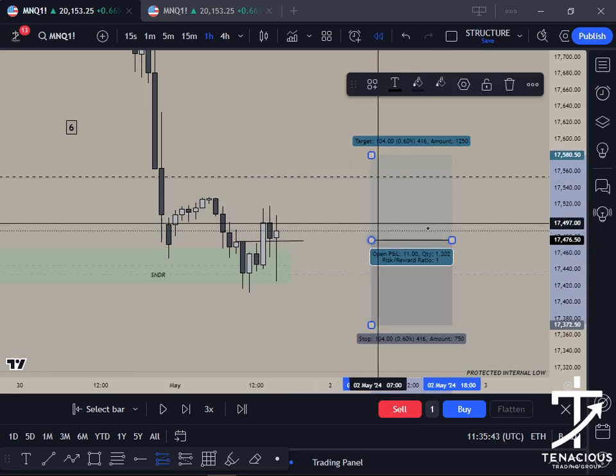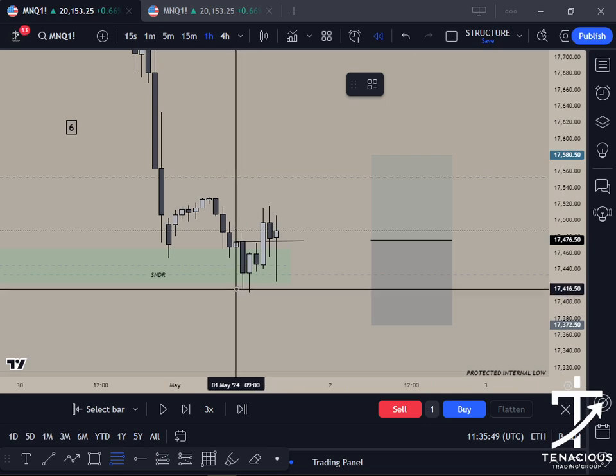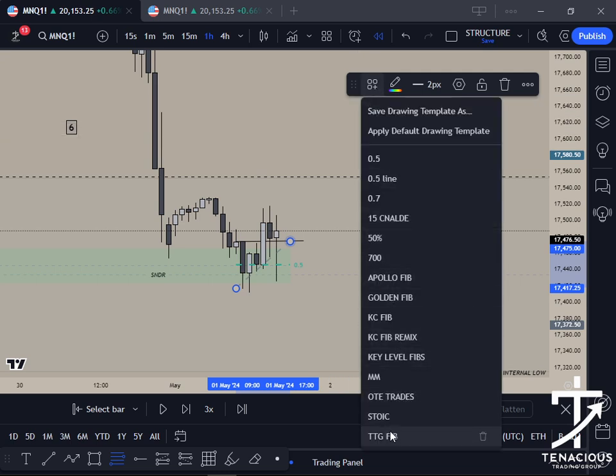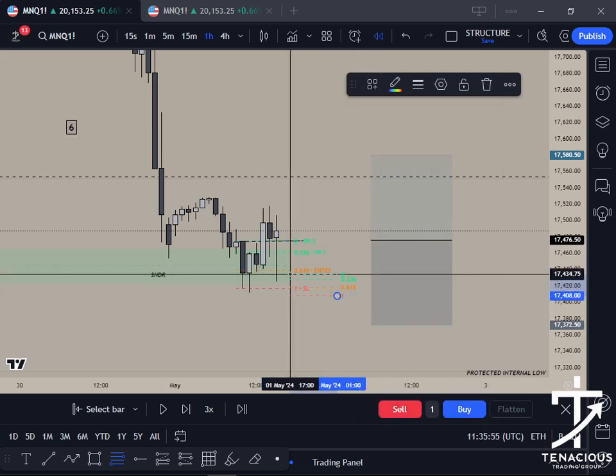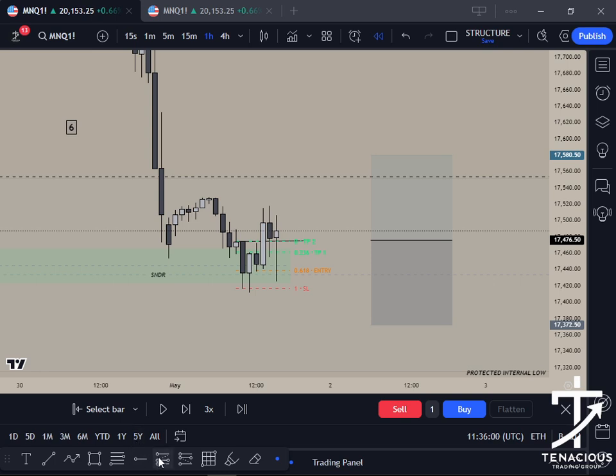That's entry 1. And then for me personally, I like to use the CSS. So from where we, can you see we tapped at least the 618 level.